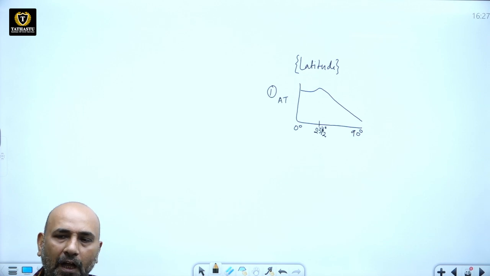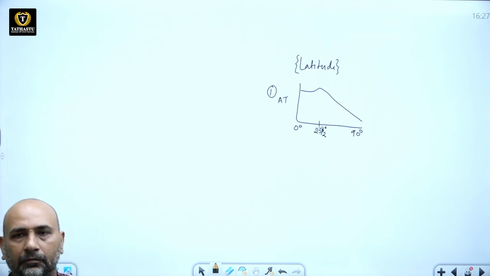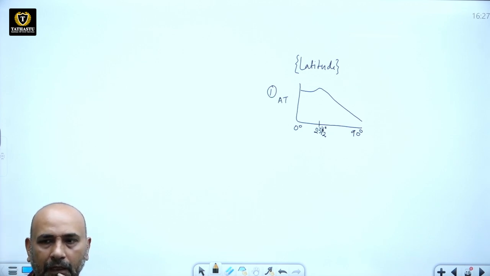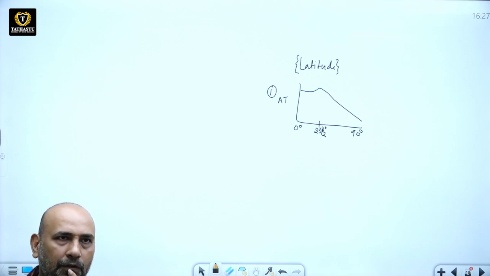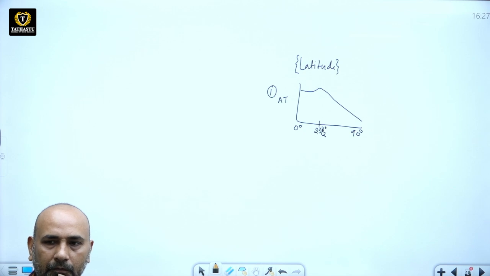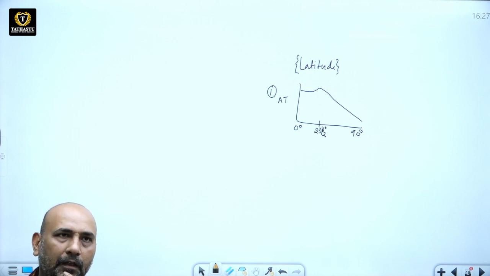Surface heating is source of atmospheric heating. Second point, air is denser close to surface of earth. And third, high amount of water vapor and suspended particulates close to surface of earth.